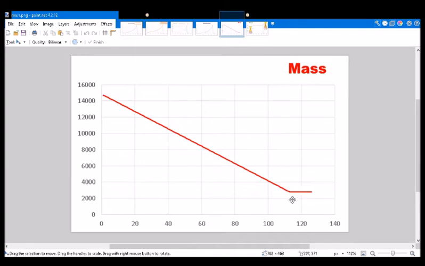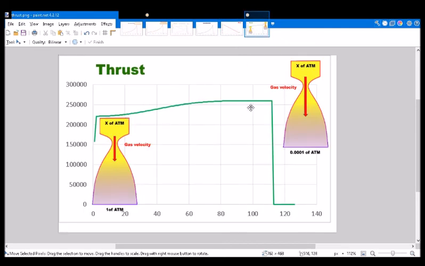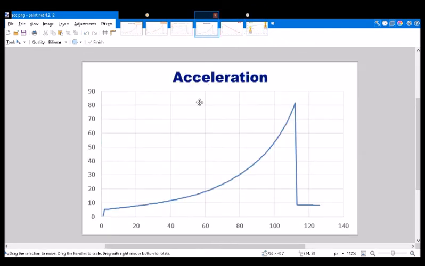And here, when the engine shut down, there's no more consumption of fuel, so the mass remains the same. Now, because the mass reduces that much and the thrust increases a little bit, we expect the acceleration to increase.